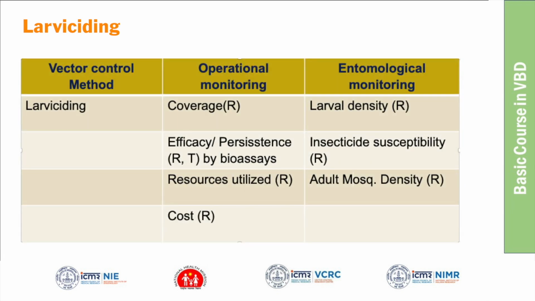So coming to the indices for larviciding, what you do is coverage, number of habitats covered, efficacy, persistence, residual activity, then resources utilized and cost. Ultimately, entomological monitoring shows reduction in larval density, which will then have an impact on adult mosquito density.